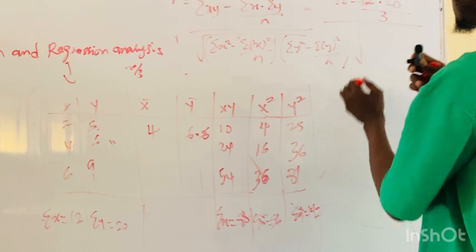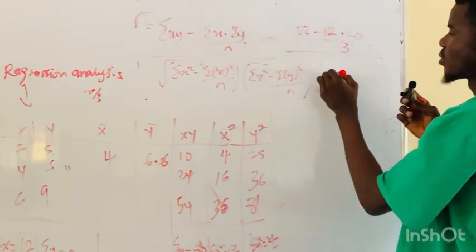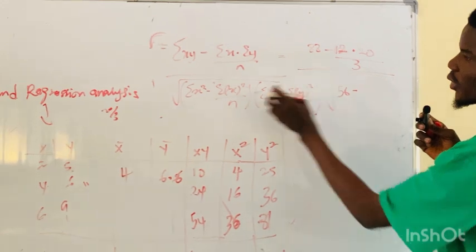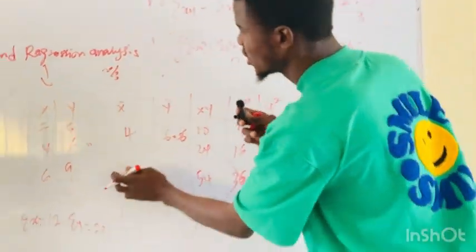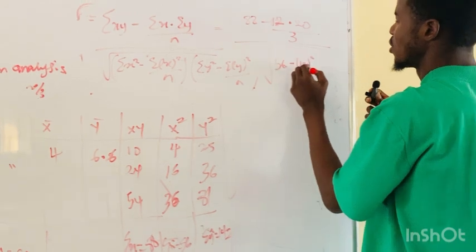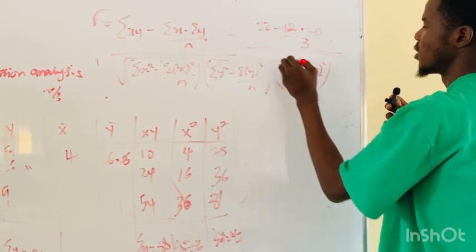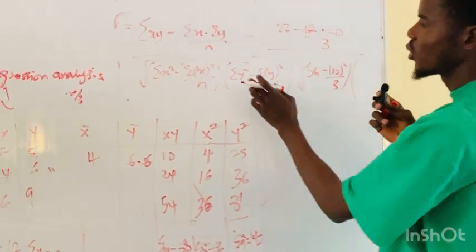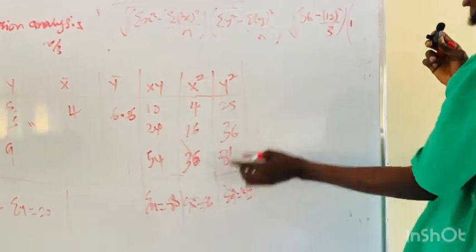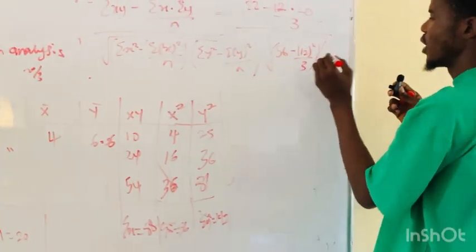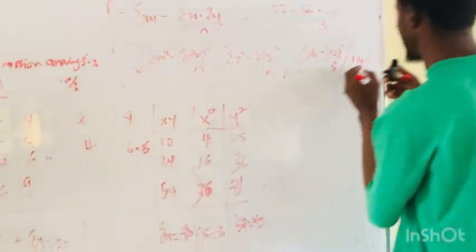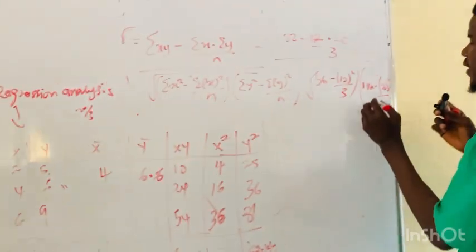It's going to be 56 minus summation of x, then square it, which is going to be our 12 raised to power 2, all over 3. Then summation of y square is going to be 142. Is it 142 minus our y square, so 20 square divided by n.